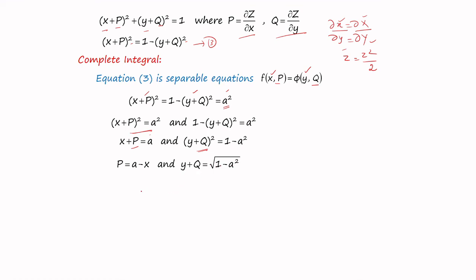After that you have p is equal to a minus x, written as it is, and from that, taking y to the other side, q is equal to root of 1 minus a squared minus y.